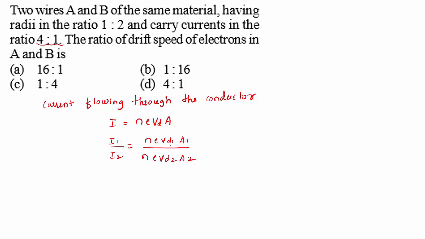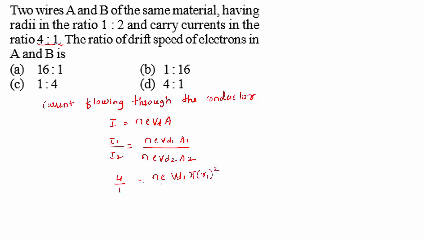I1 by I2, current ratio is given 4:1. So 4 divided by 1 equal to, so N and E, the electron density, number of electrons in the conductor, is constant, and e is constant, Vd is the drift velocity, and here A indicates the cross sectional area of the wire, which is equal to pi r square.